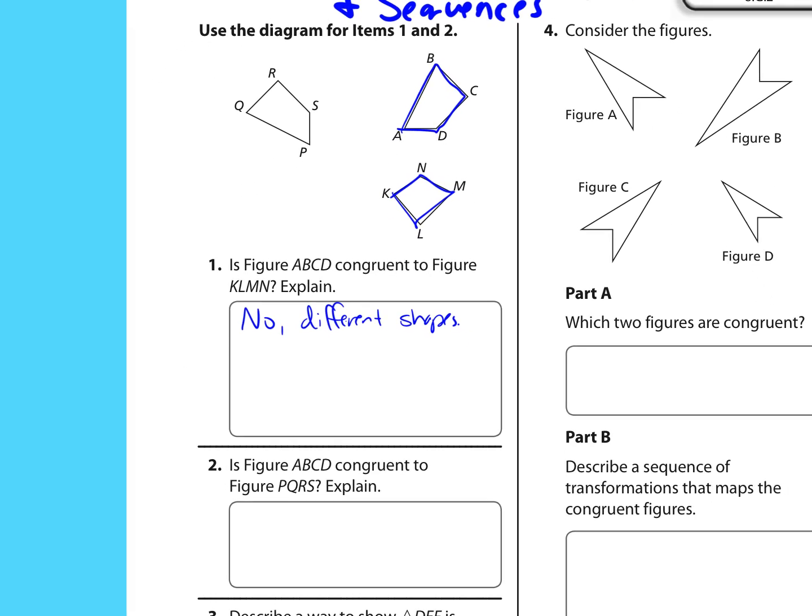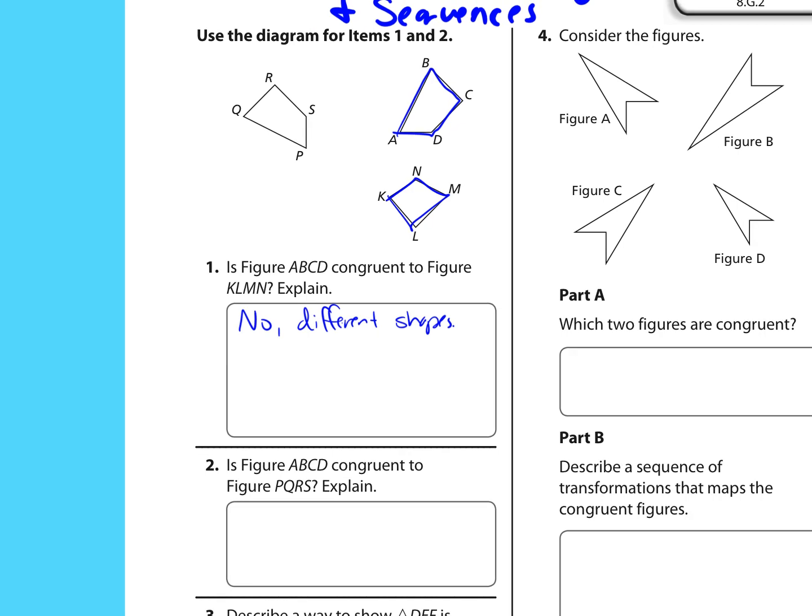Number 2, is figure ABCD congruent to PQRS? And you can look at these and tell that there's been a rotation. So yes, they are congruent. They are the same size and shape.